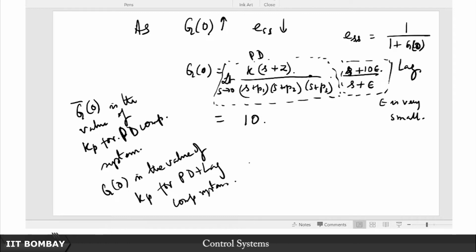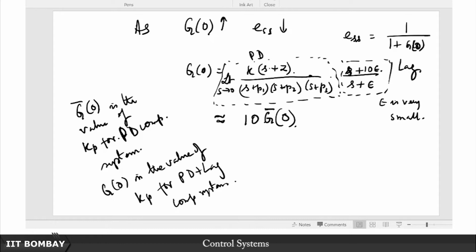Now you see that we can write G0 as almost, at least approximately, 10 times G bar 0. Maybe there is a slight change in the closed loop pole location due to the placement of this pole-zero pair, but you can already see that this is almost a 10 times improvement. And if G0 is increased from G bar 0 to 10 times G bar 0, then of course the steady state error will also come down.